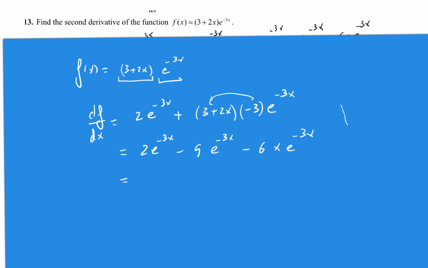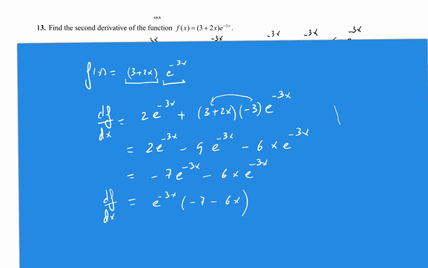So this will be minus 7 times e to the minus 3x minus 6 times x times e to the minus 3x. So it will be e to the minus 3x multiplied by minus 7 minus 6x. And now I have the first derivative with respect to x.